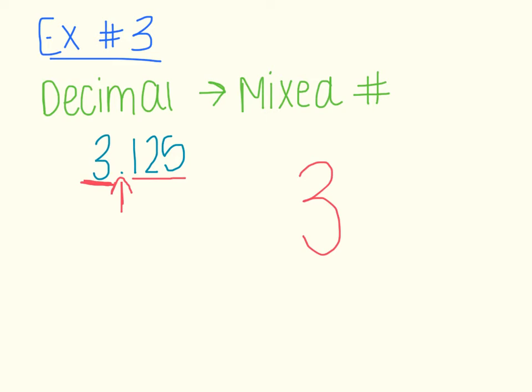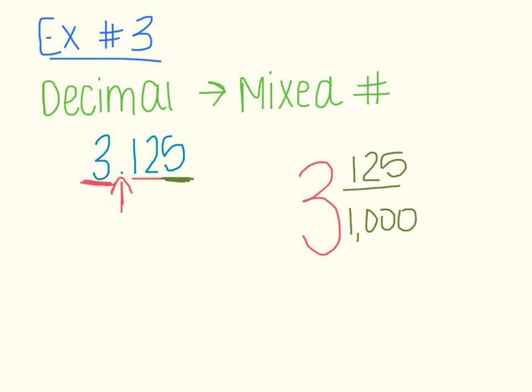I look at where the last digit is, and 5 is my last digit to the right, and 5 is in the thousandths place. So I put 125 over 1,000.